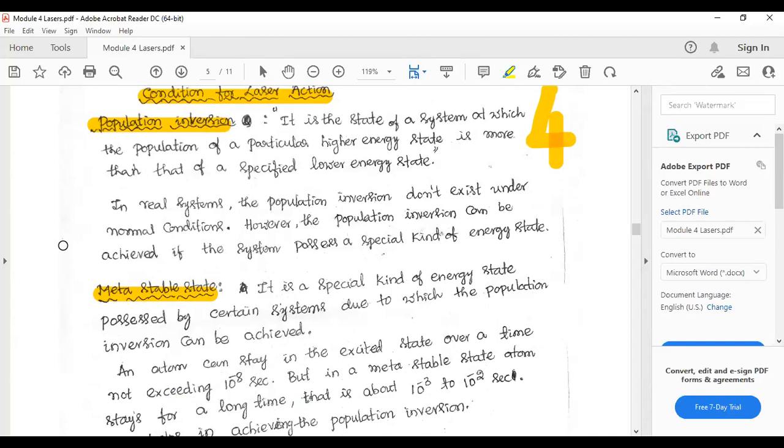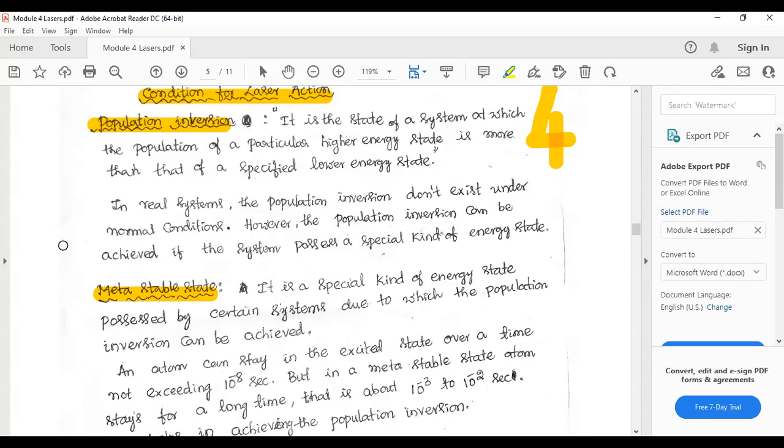Why is it required? In simple terms, population inversion is the state in which the higher energy level is occupied by more atoms than the ground state. This is required because if we have more atoms in the higher energy state, we will have more and more stimulated emission.